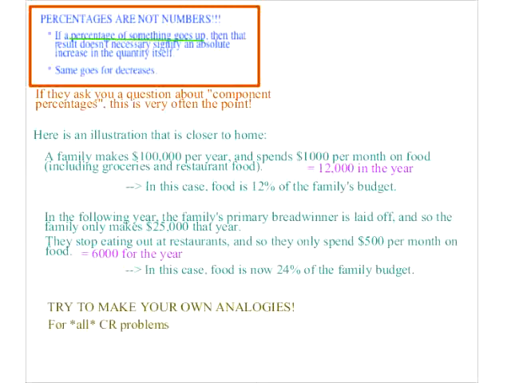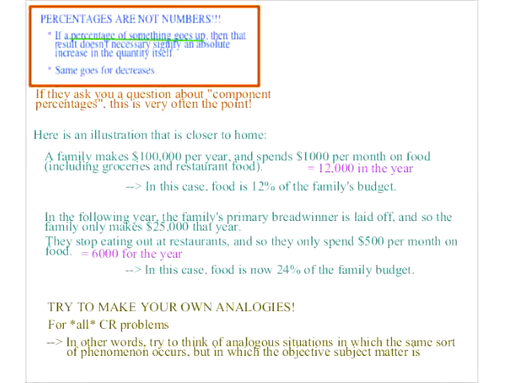In other words, try to think of analogous situations in which the same sort of phenomenon occurs, but in which the objective subject matter is different. So that's the kind of reasoning that you really need.